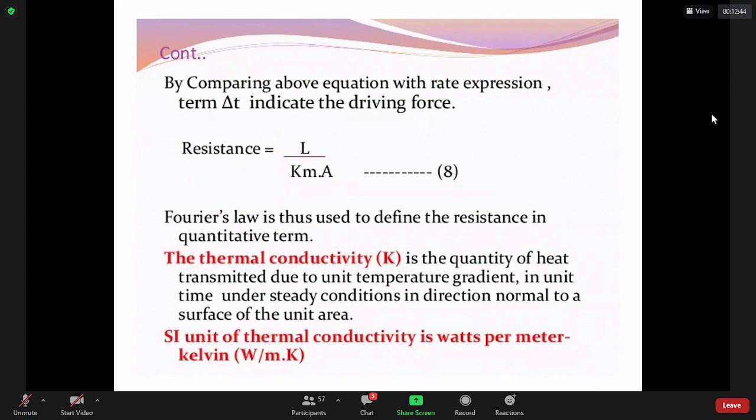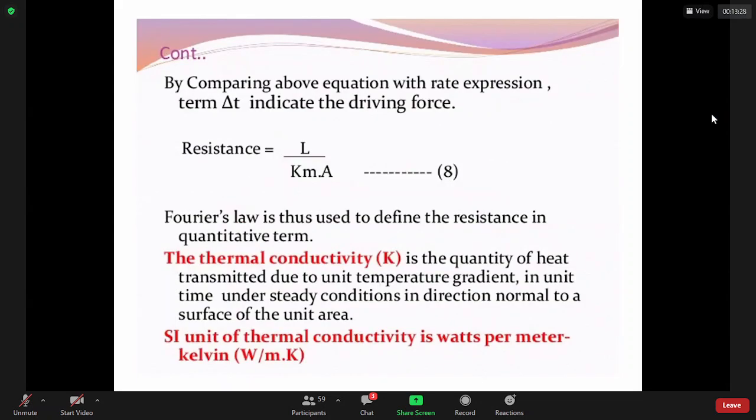The thermal conductivity, which is K, is the quantity of heat transmitted due to unit temperature gradient in unit time under steady conditions in direction normal to the surface of the unit area. What do we mean by this? The quantity of heat transmitted due to unit temperature gradient. Unit means the temperature is changing by 1 Kelvin, because Kelvin is what we are using as the units. So the change in temperature is 1 Kelvin in 1 unit time under steady state conditions in the direction normal to the surface of the unit area.